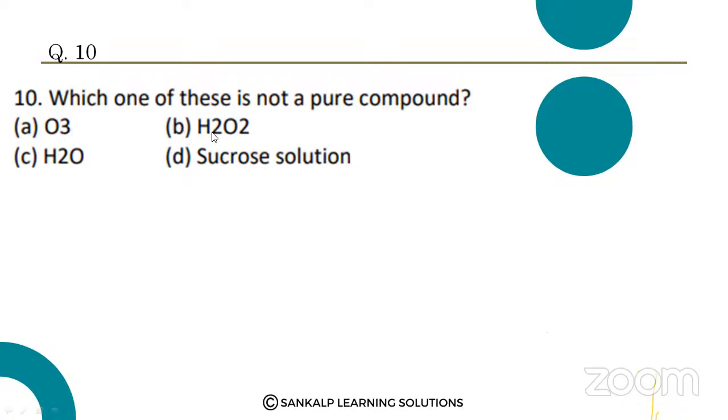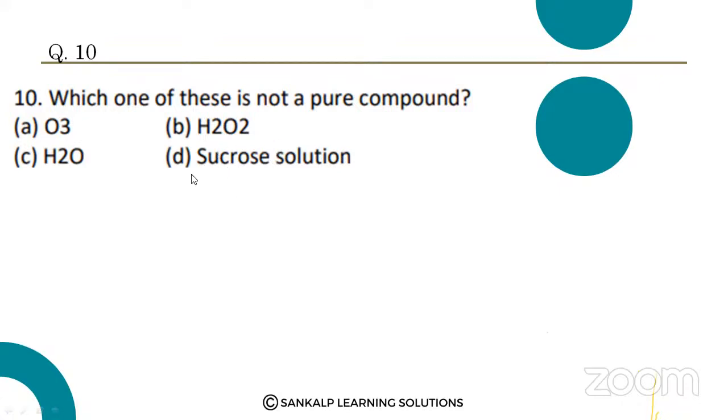Now we'll see B. It consists of 2 atoms of hydrogen and 2 atoms of oxygen. So this is a pure compound. Then H2O, 2 atoms of hydrogen and 1 atom of oxygen. So this is also a pure compound. Sucrose solution: the formula of sucrose is C6H12O6.